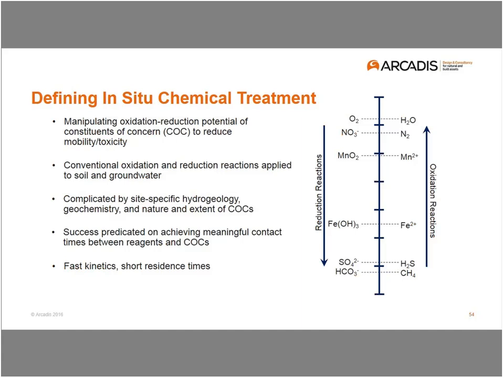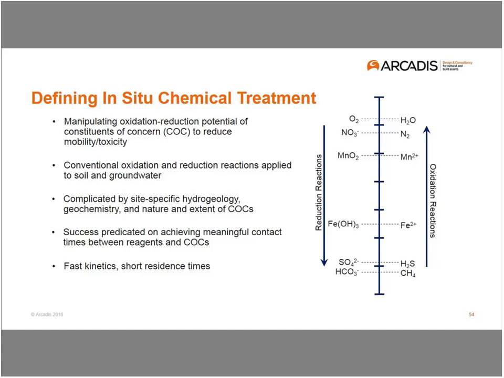These aren't new technologies. They've been around for decades in the municipal water and mining industries, and they've always been implemented ex situ, where you have a tank and you can turn a knob and that'll change your reagent influent to your mixed tank, and that can change your effluent within minutes to hours.